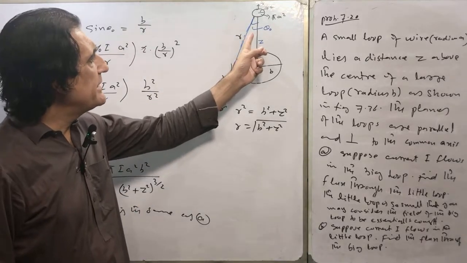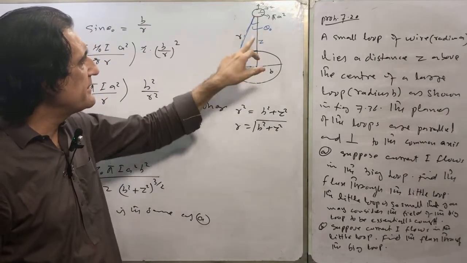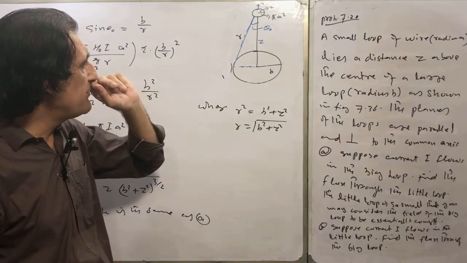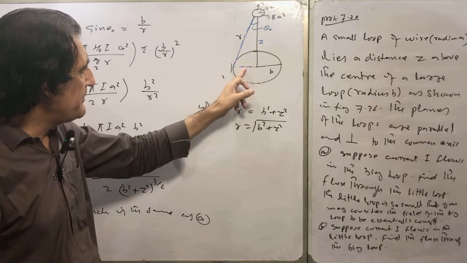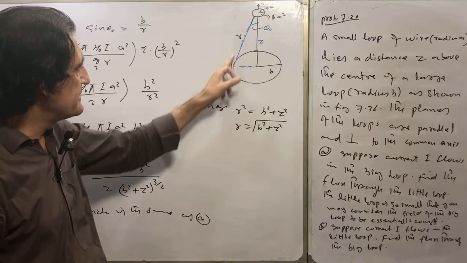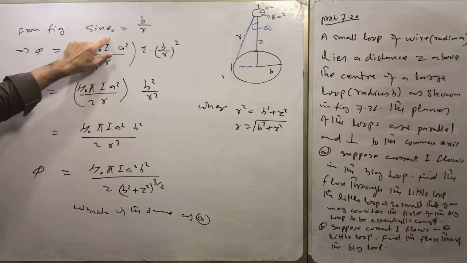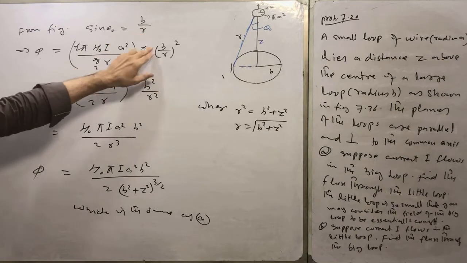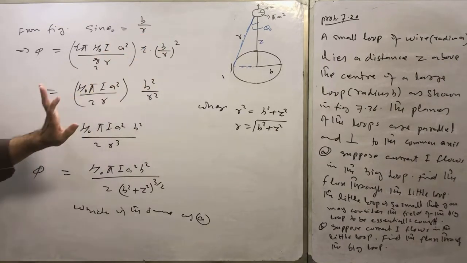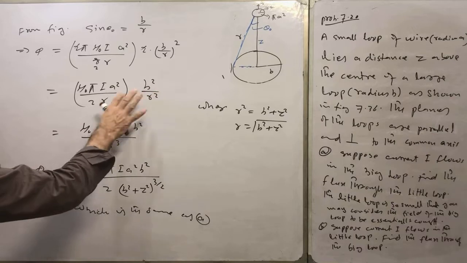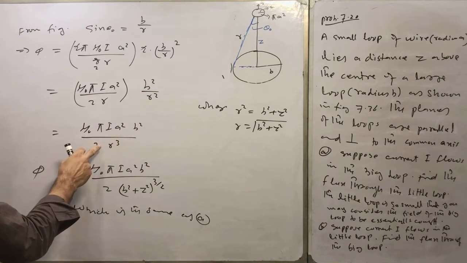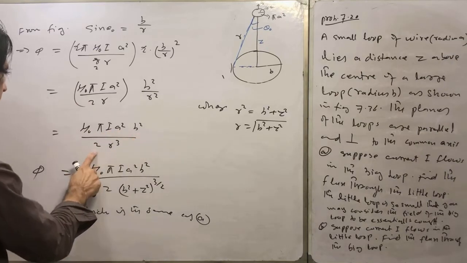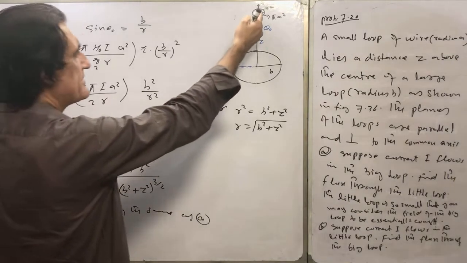Further, we also know from this figure that sine theta is the perpendicular divided by the hypotenuse. This is the perpendicular, b, and this is the hypotenuse. Then sine theta naught is equal to b divided by R, and putting in the value of sine theta naught, we have b divided by R whole square. Further, with some mathematical steps, we have mu naught pi I a square b square divided by 2 R cubed. What is R?